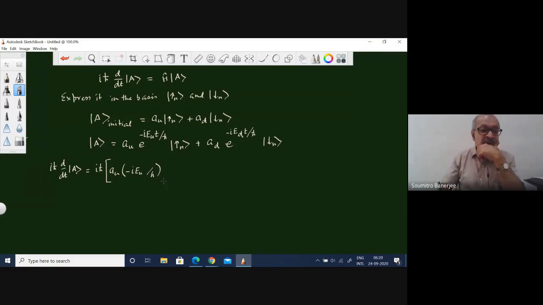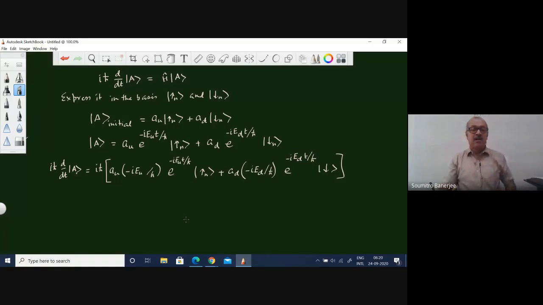Okay. Then it will be the same term, e to the power minus i E_up t by h cross, up, plus A_down, this term comes to the front, minus i E_down by h cross, then e to the power minus i E_down t by h cross, down.